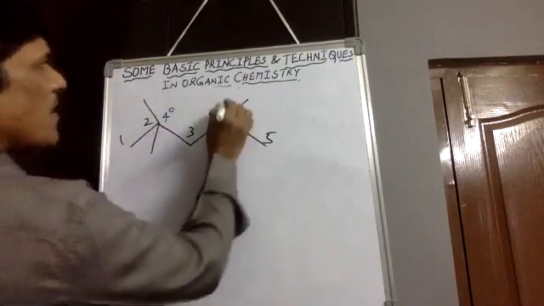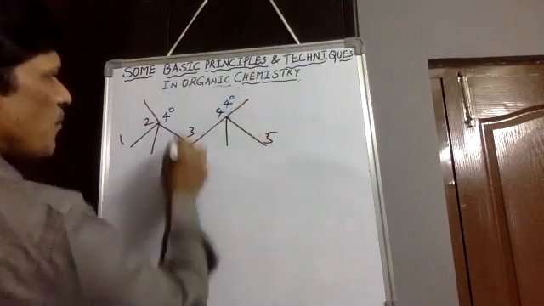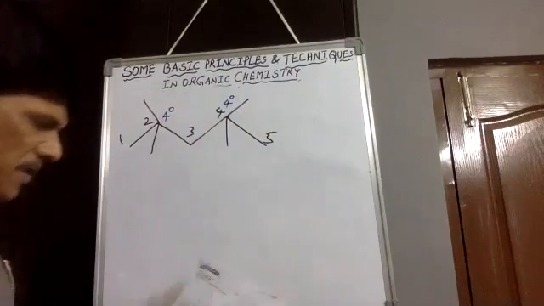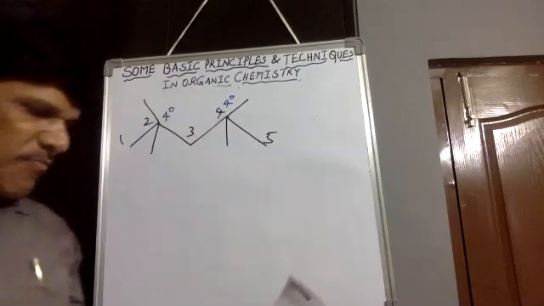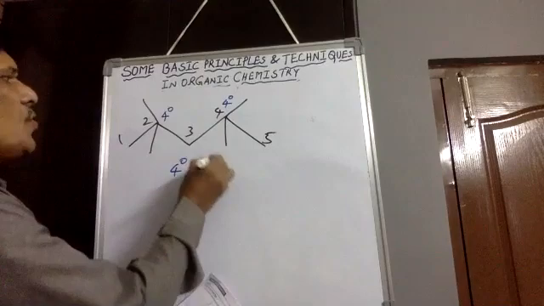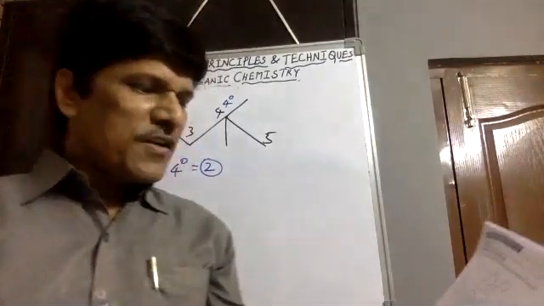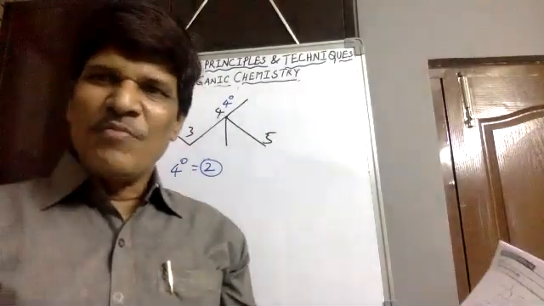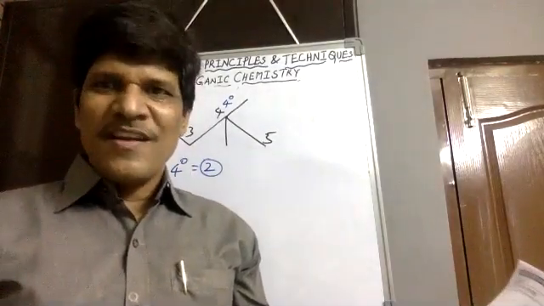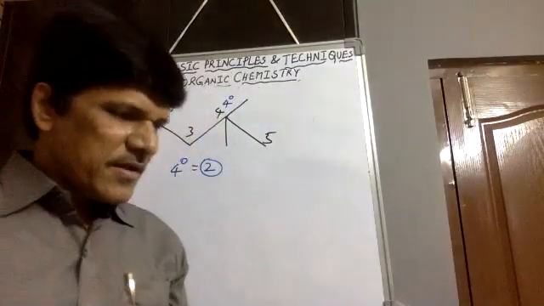Therefore, it is quaternary, but not tertiary. Here, a carbon surrounded by 4 carbons shows quaternary. Then, how many quaternary carbons are there? 2 quaternary carbons. How many tertiary are there? 0, and a 0 option itself is not there. Therefore, we have to change that question to quaternary carbon. Therefore, 7th, B is the correct answer.